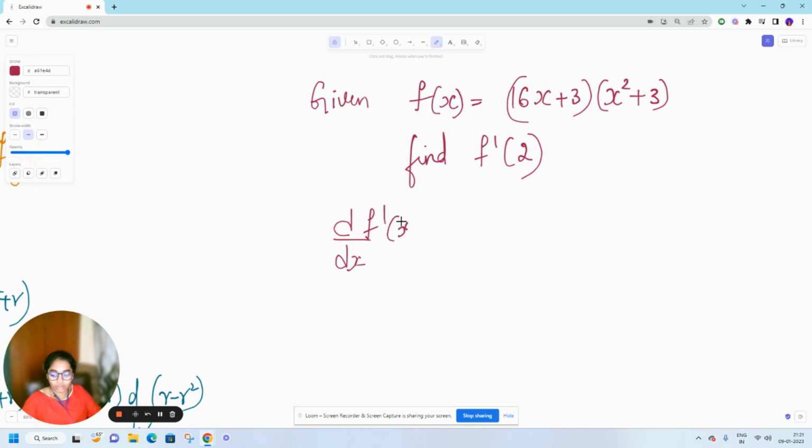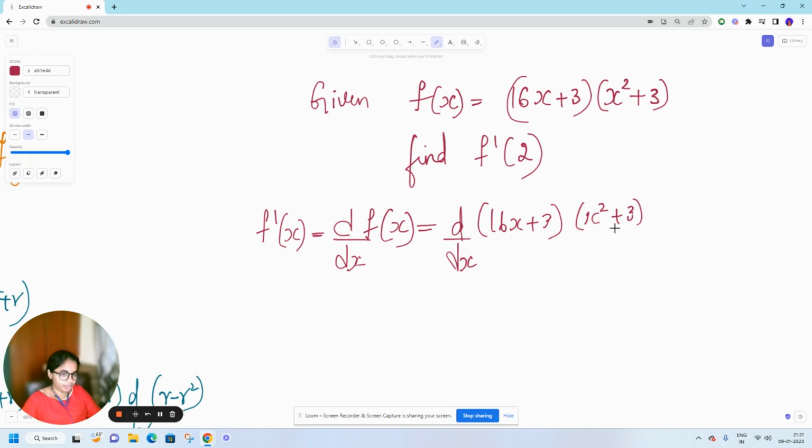We also denote it as f dash of x, as I told you in the previous problem. So this would be d by dx of 16x plus 3 into x square plus 3.